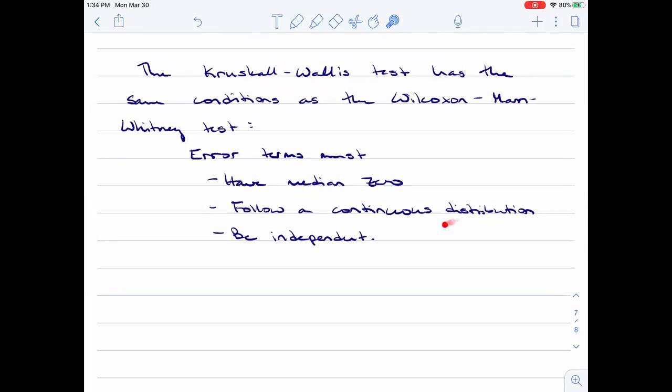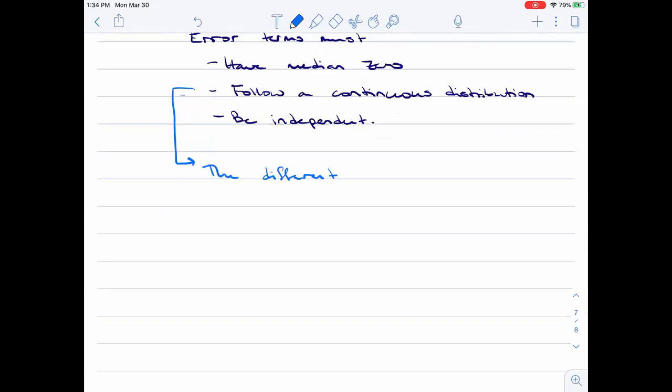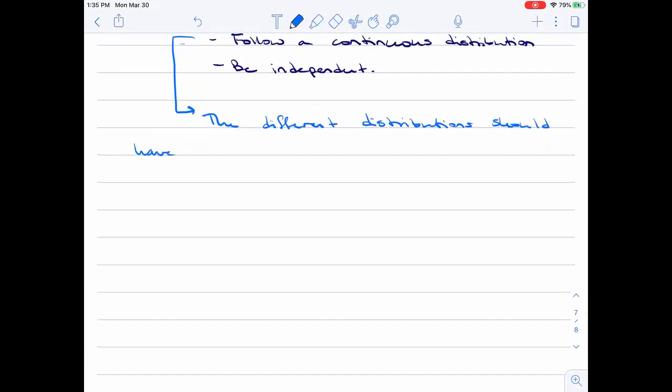One thing to keep in mind is that the different distributions should have similar shape and only differ in their medians.